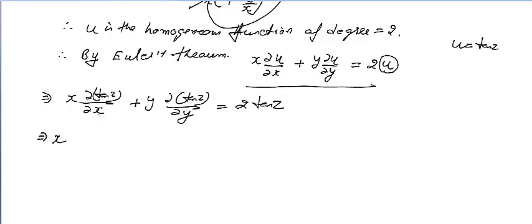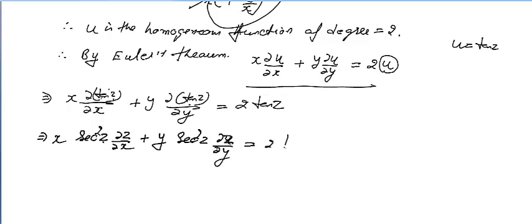Now, the derivative of tan of anything is secant square of that thing, and then the derivative of that thing again, that is the derivative of z. So the derivative of tan z is secant square z, and the derivative of z again, ∂z/∂x. Now for y, the derivative of tan z with respect to y is secant square z, and the derivative of z again with respect to y.